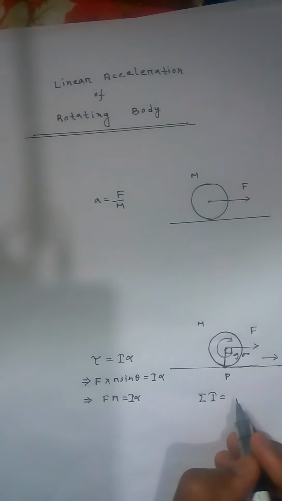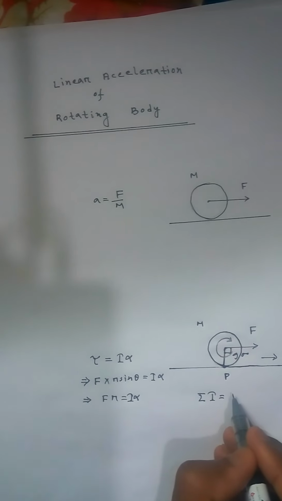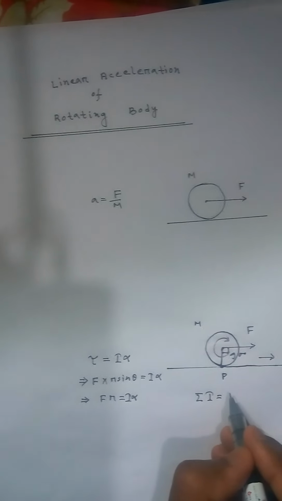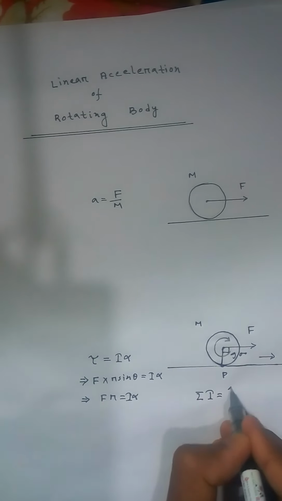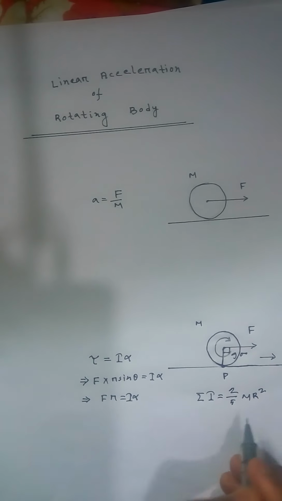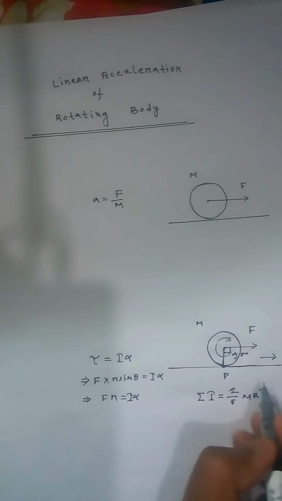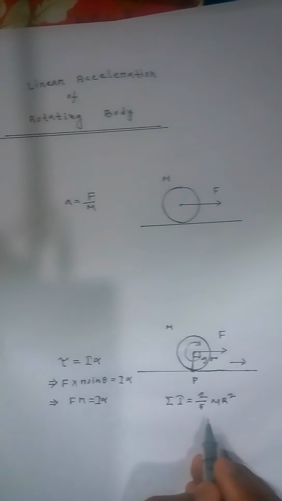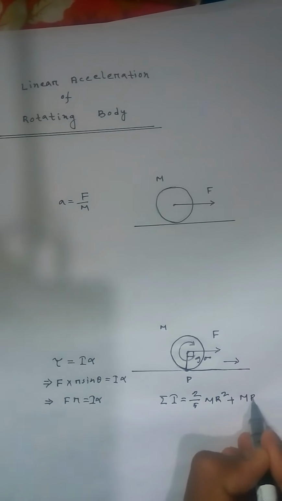For a solid sphere, the rotational inertia about the center is 2/5 m r square, and we have to add m r square.